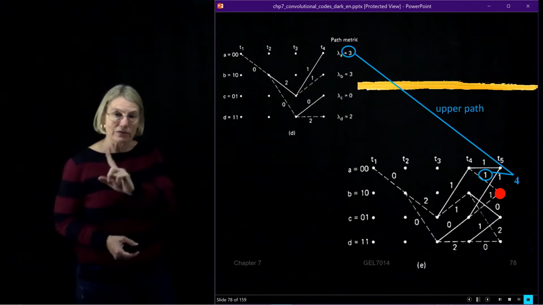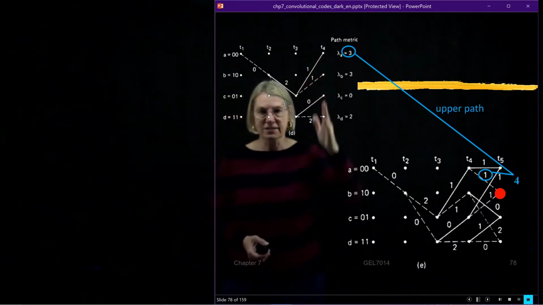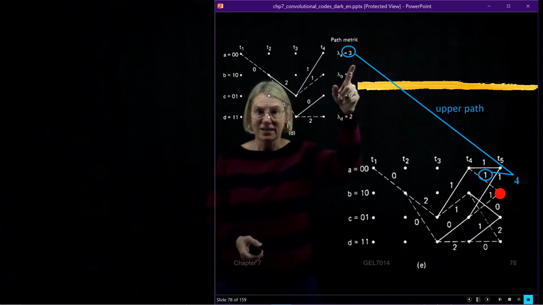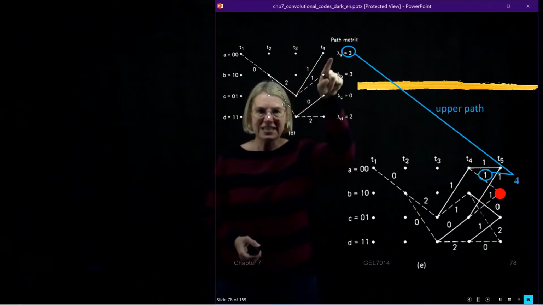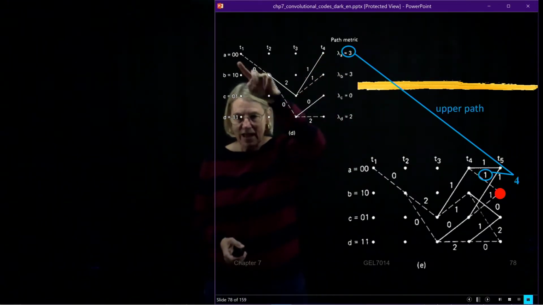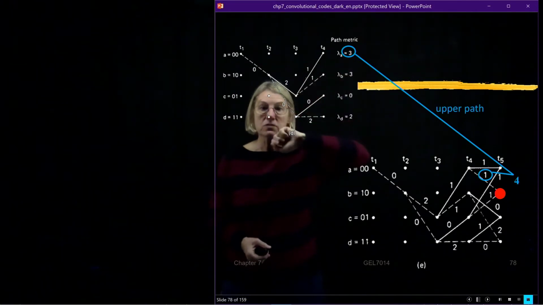What I do in my algorithm is, when I get to a certain point, I've already calculated the length of the path. I saved that. In memory, I put two things. For state A at time 4, the path was this, and secondly, the length of the path was 3.